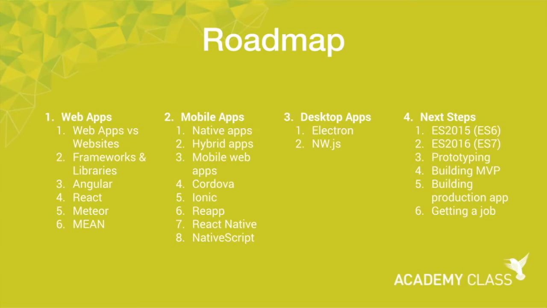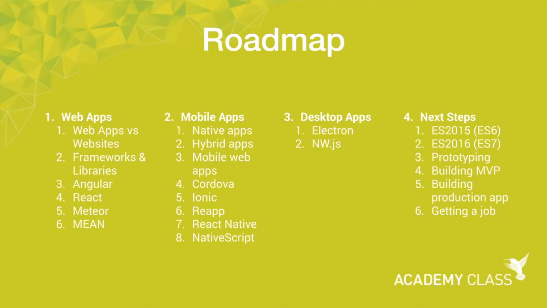After that, I'll show you really quickly that it is possible to build desktop apps using JavaScript. The two main tools to do that are Electron and Node.js. Lastly, we're gonna talk about the last steps. That is, what is ES 2015?